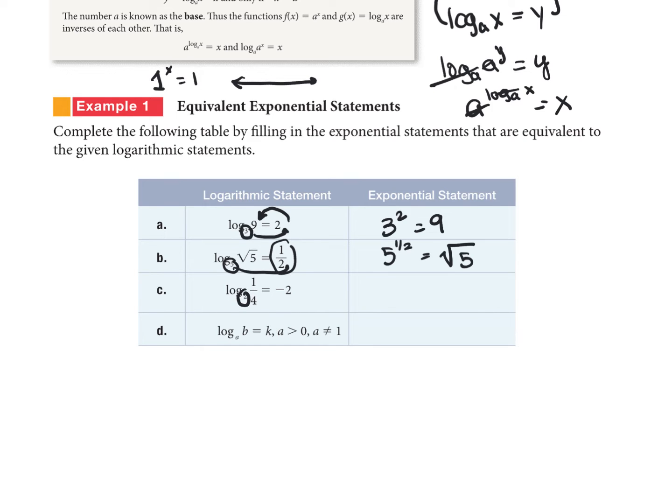This base 2 raised to this number, now look, the answers can be negative, but the base can't be negative, equals this number. True. This base a raised to this number equals b. All right, so there's this little circular motion, base raised to the number on the outside. That is how you go from a logarithmic statement to an exponential statement.